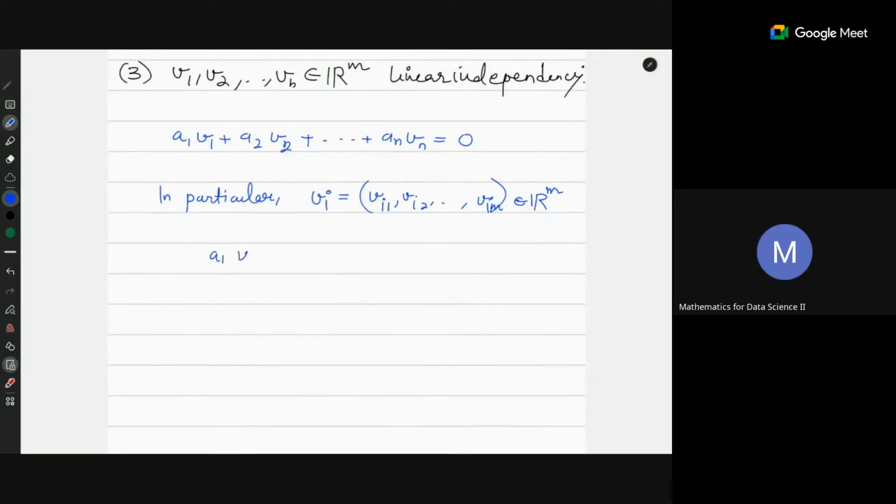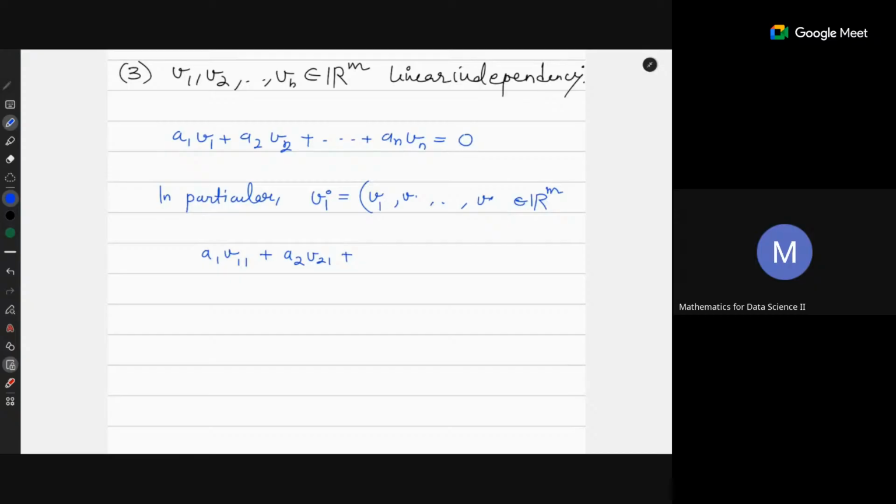So a1 v11 plus a2 v12 up to... let me change this notation.